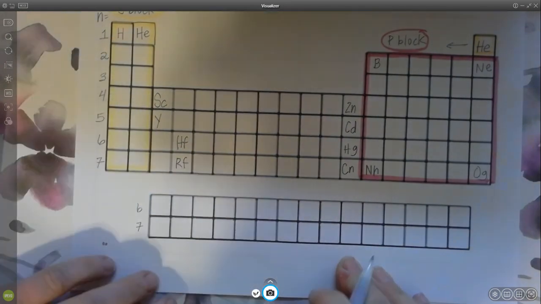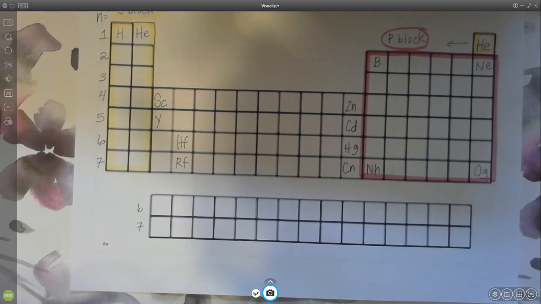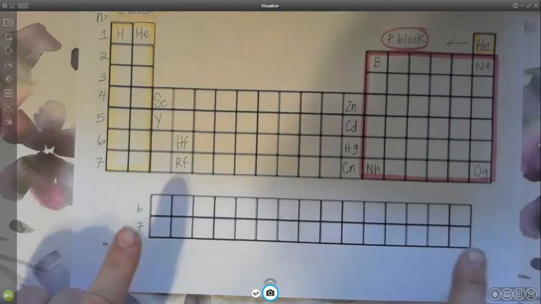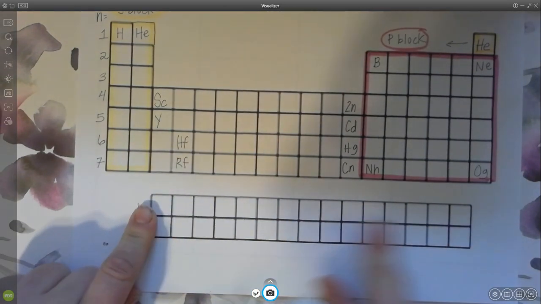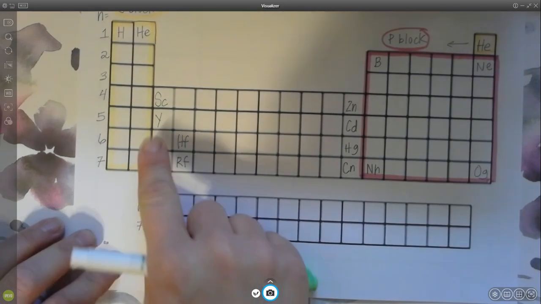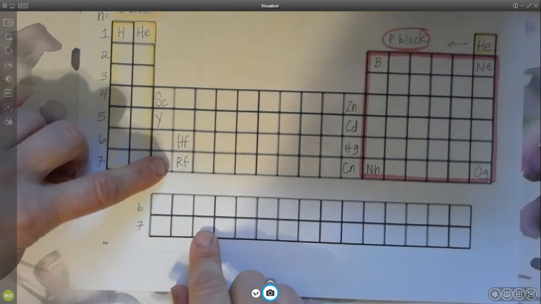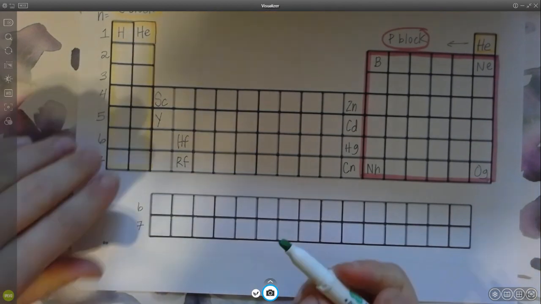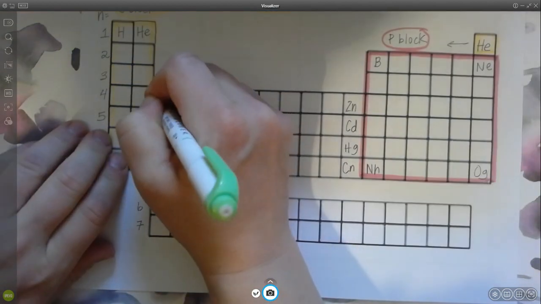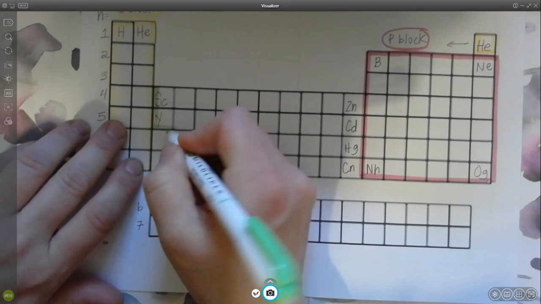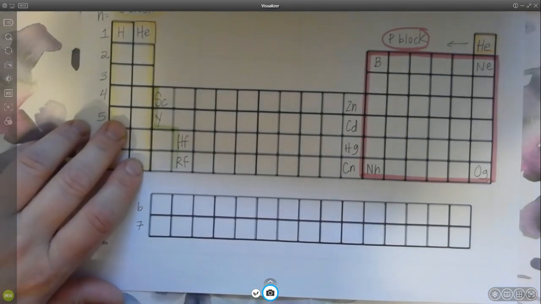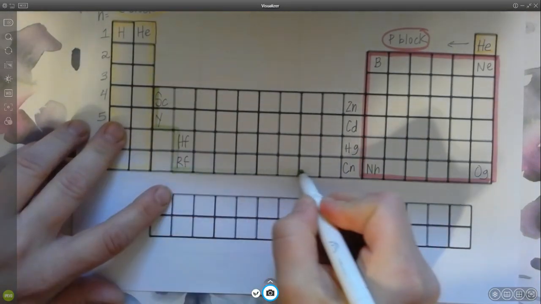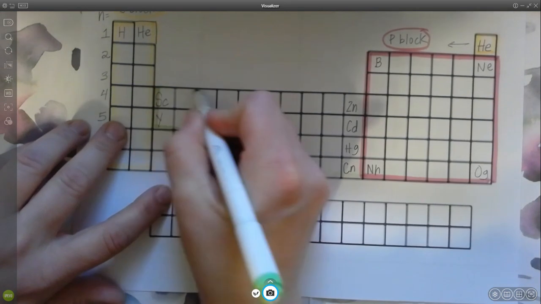This is kind of an unusual spot because remember these lanthanides and actinides actually belong in here, and lanthanide and actinide are often pictured below. So we've got to be sort of careful with that area. Watch before you highlight or mark here. Here we go. This is actually going to be the D block.